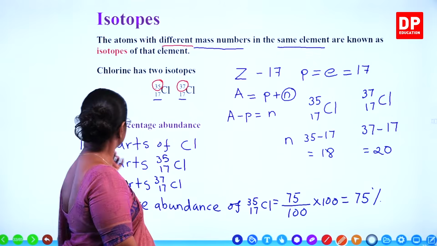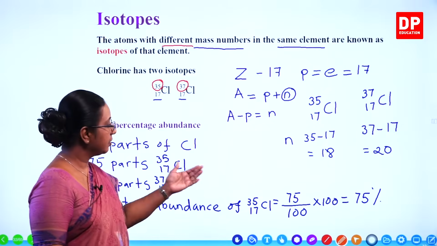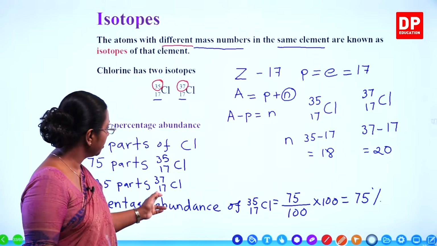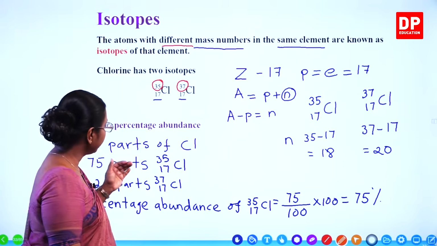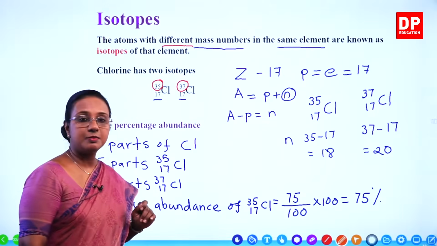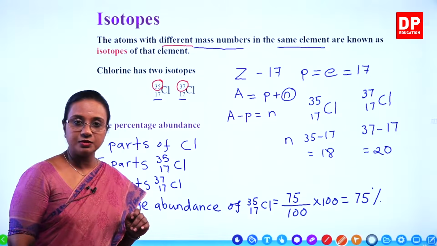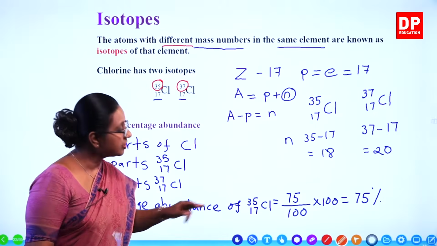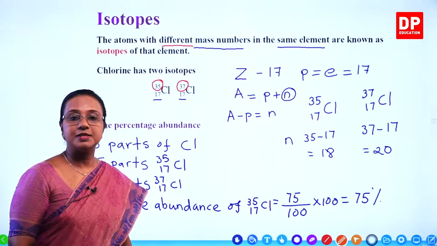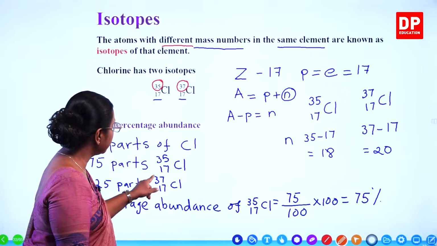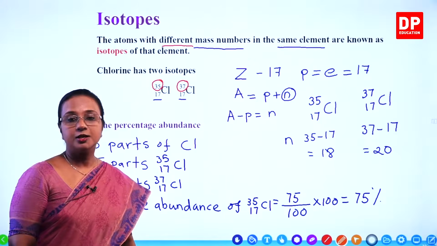Or directly, since we use 100 parts, we can directly take the value as the percentage abundance. 75% is the percentage abundance of 35 17 chlorine, and the rest is 25. So 25% is the percentage abundance of 37 17 chlorine.